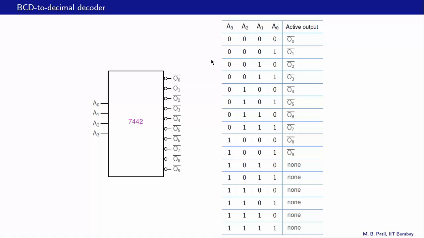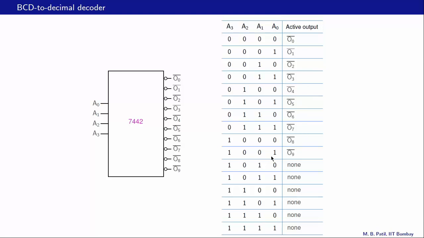Here is the truth table, and we are only listing the active output in this column. When A3, A2, A1, A0 is 0000, then O0 bar is the active output. When it is 0001, then we have O1 bar as the active output, and so on, all the way up to 1001.